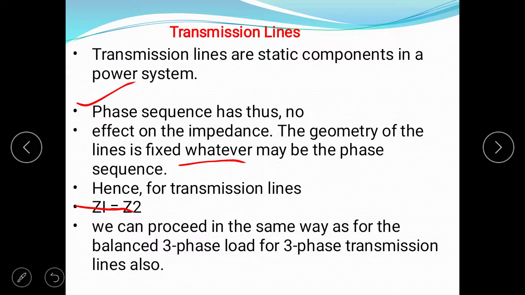So we can proceed in the same way as for a balanced three-phase load for three-phase transmission lines also.